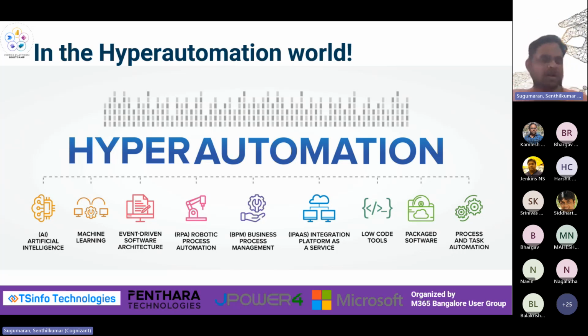Over the last three to four years, Gartner coined this term, hyper automation, mainly because more and more things are getting into an automated world, and with the help of all these tools below, you will see the real automation that is happening. And of course, it's all part of Industry 4.0, the digital transformation world that we are in right now.